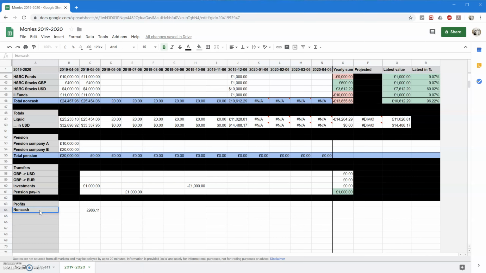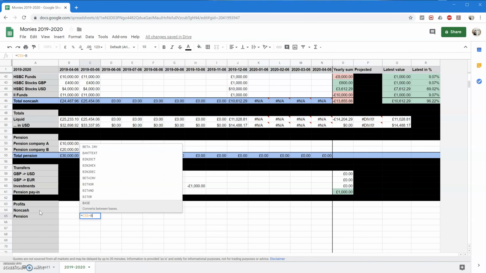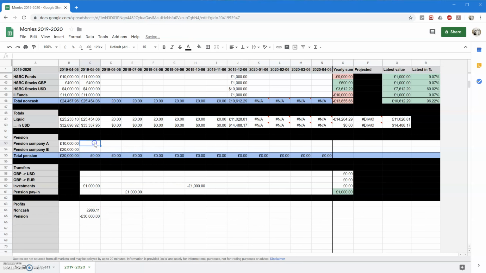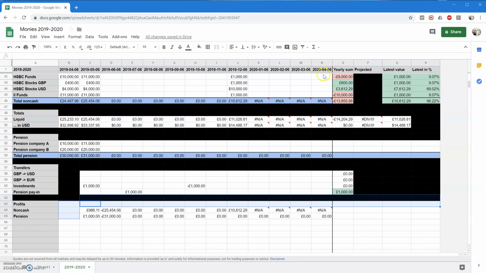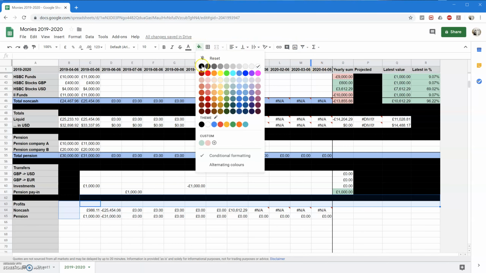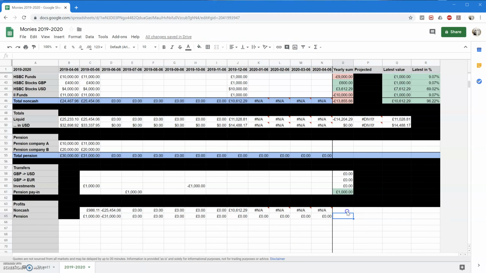So then we can call it profit in non-cash. We can do similar for pension. It is C55 minus B55. This is as simple as summing them up.